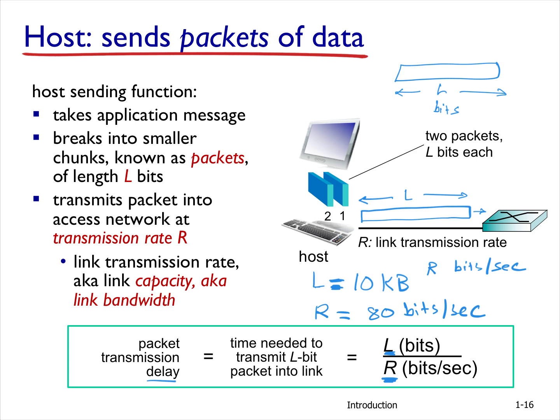125 seconds. How did you calculate it? Tell me the numbers. So L is what? 10,000, times 10 to the power 3. Okay, and then, I know it's wrong. Bytes. So be careful about that, huh?